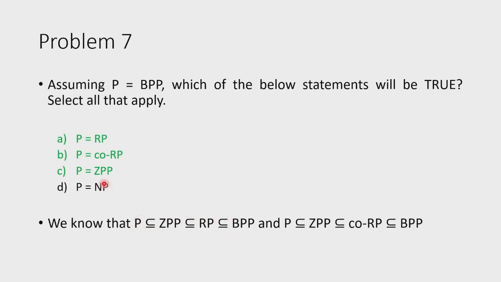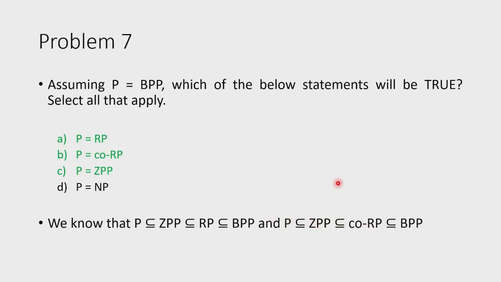So in particular, P equals ZPP, and P equals ZPP equals RP, so P equals RP. So this first statement gives you A and C. We also know that P is contained in ZPP, which is contained in co-RP, which is contained in BPP. So again, if these two are equal, all these three must be equalities.